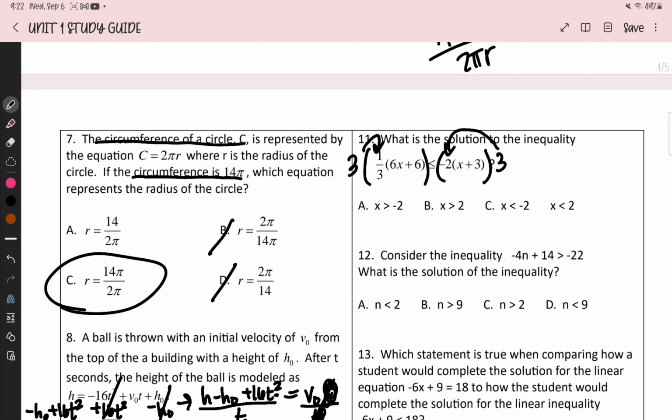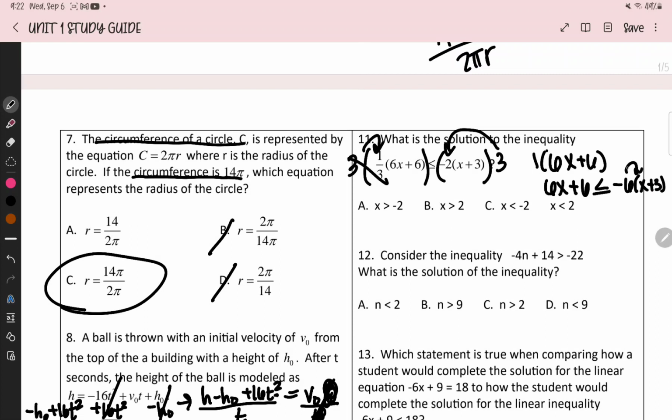So I'm really multiplying 3 times a third, which is just 1. So I really have 1 times 6x plus 6, and I can just drop that 1 because it doesn't change what's going on. That is less than or equal to 3 times negative 2, which is negative 6, times x plus 3.